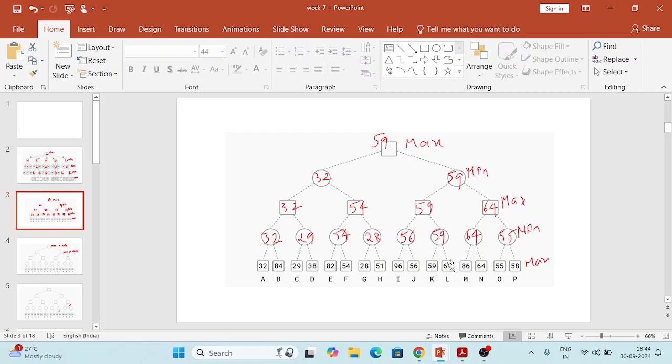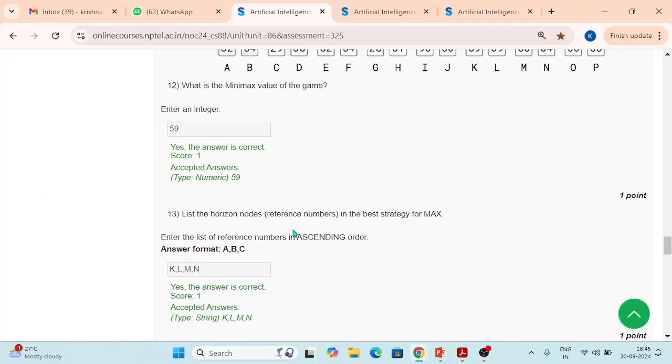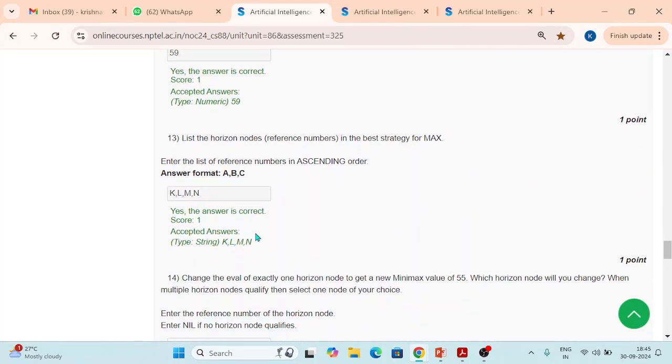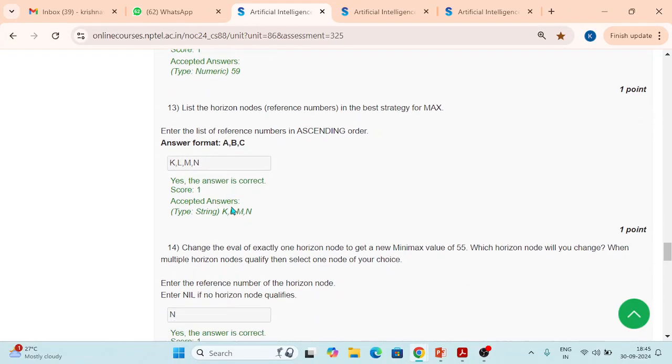If we are not considering this value, and it were less, then we may get another value. That's why we consider that this 59 is compared between these two nodes. So K, L, and this 64 we got by comparing M, N. So K, L, M, N are the horizon nodes. The horizon nodes in the best strategy for the max are K, L, M, N.